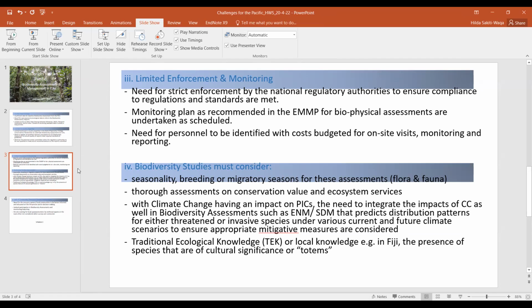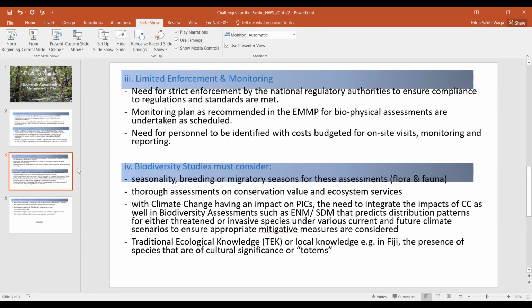And when we talk about conservation value, we're looking at biodiversity hotspots of the area in terms of threatened species, rare, endemic, or endangered species. We also need to consider an assessment on the ecosystem services provided. And this was thoroughly covered by Natasha in her previous presentation, where she talks about ecosystem services in terms of provisioning, regulatory, cultural, and support services.